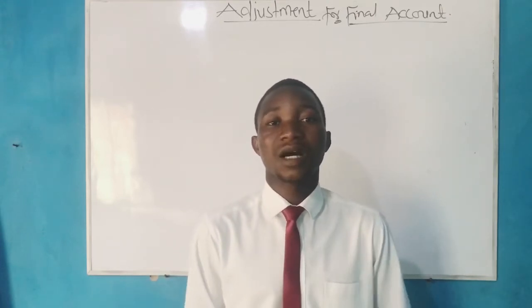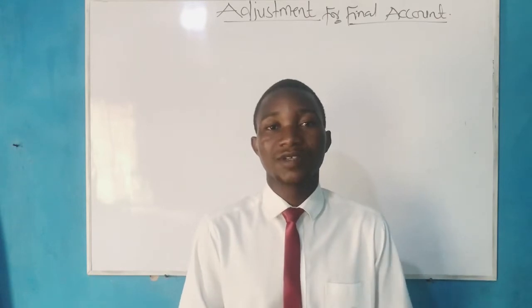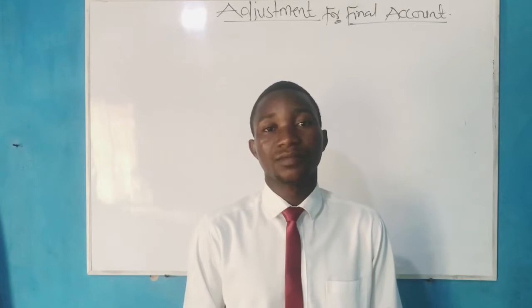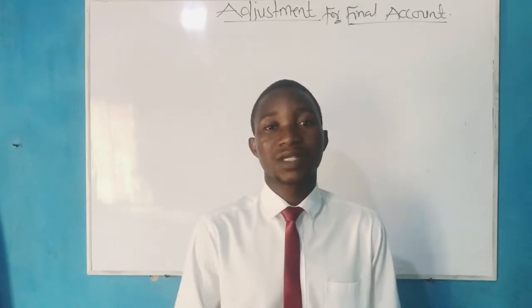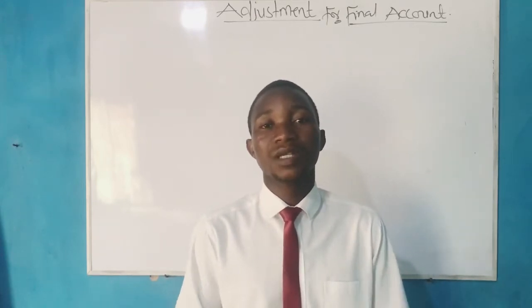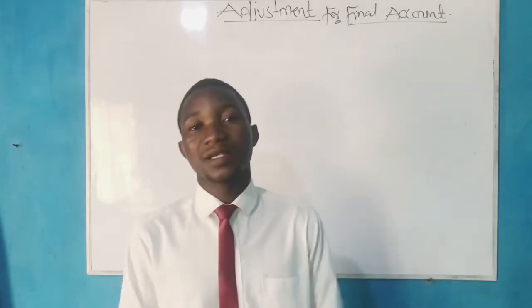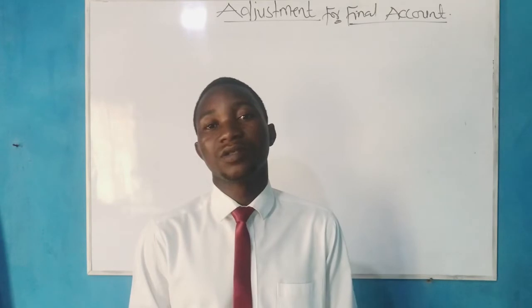So we are going to look at how certain items will be adjusted in a final account of a sole trader. In a typical final account question of a sole trader, mostly the question will be given in the form of a trial balance and additional information.